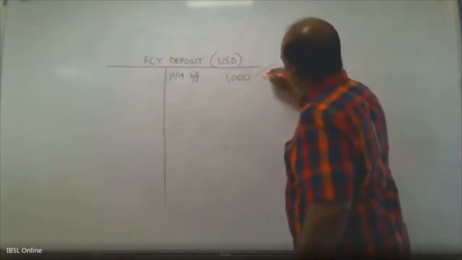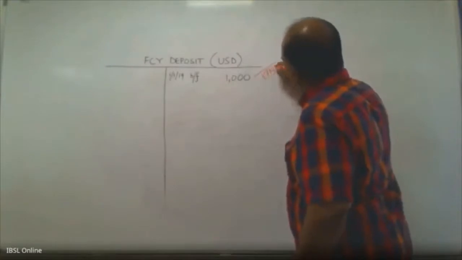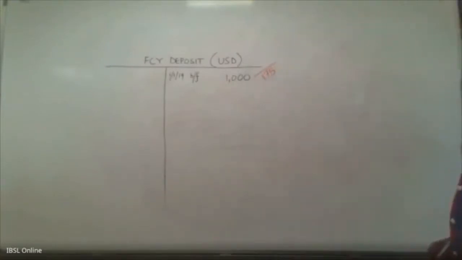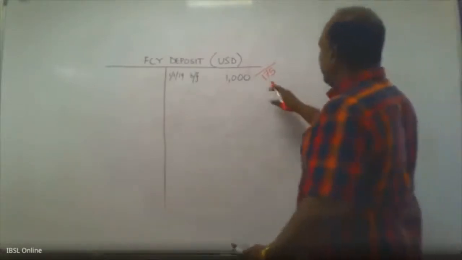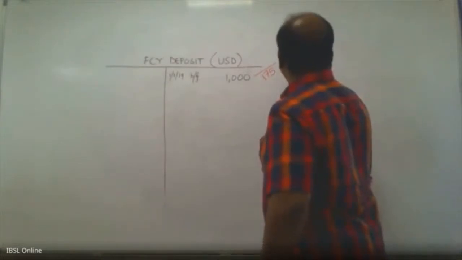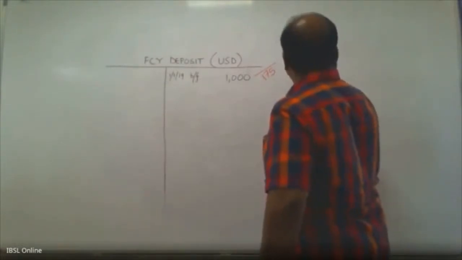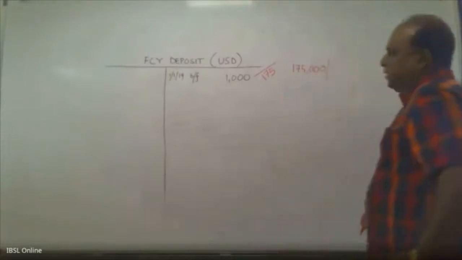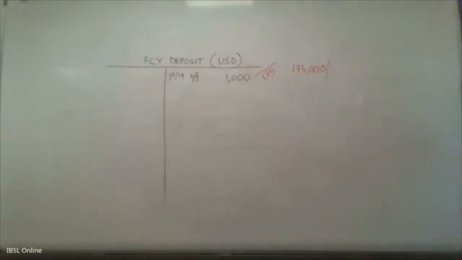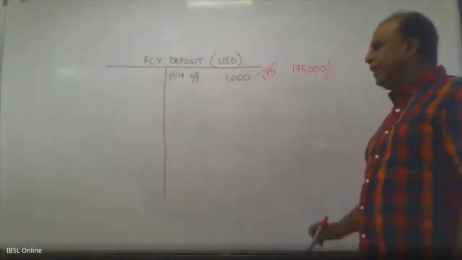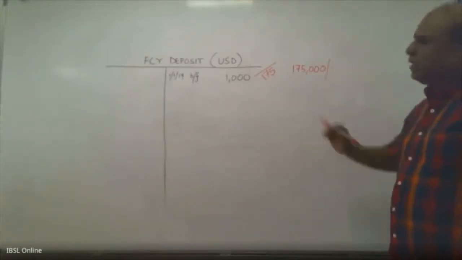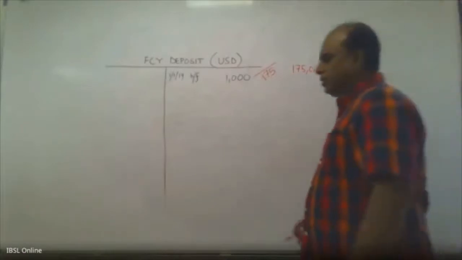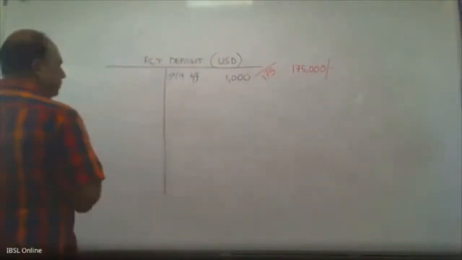On that day it was 175 rupees per dollar. So what is my rupee equivalent? 175,000 rupees. Is that understood? When I reported my balance on 1/1/2019, it was 175,000 rupees, for $1,000.